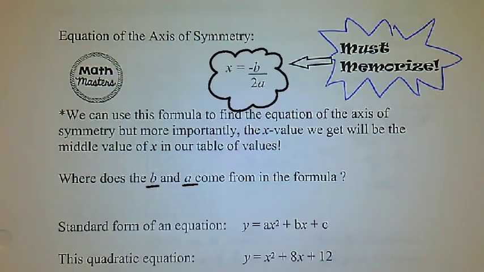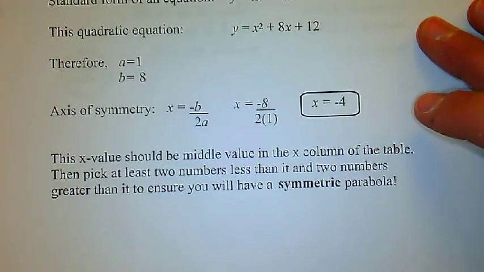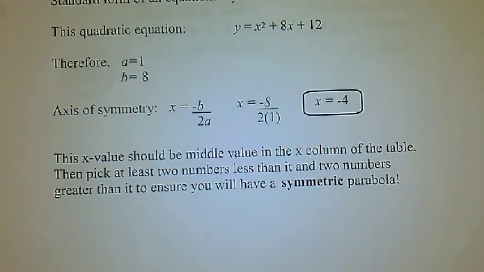Remember, our b and our a come from standard form. We know that the c gives us the y-intercept. We know that if a is negative, it opens downward; if a is positive, it opens upward. But also the b and the a can tell us what the vertex is. The purpose of that is if I asked you to find the axis of symmetry without graphing it.